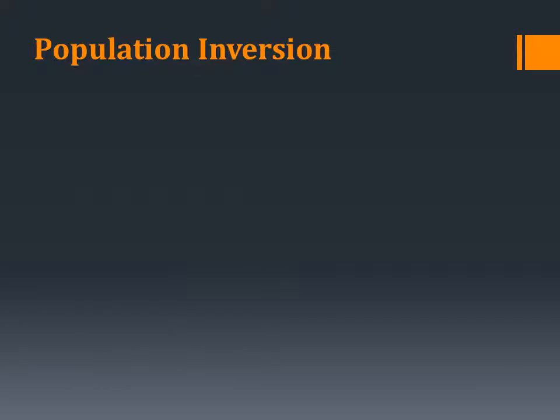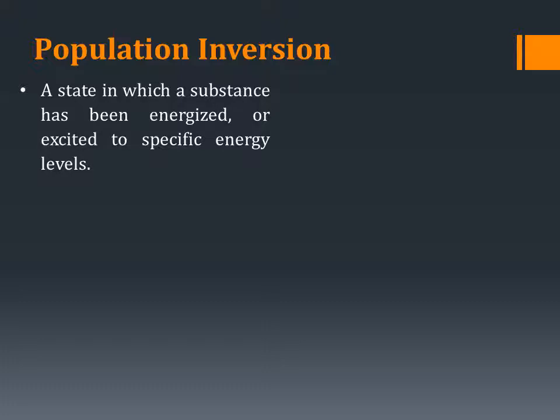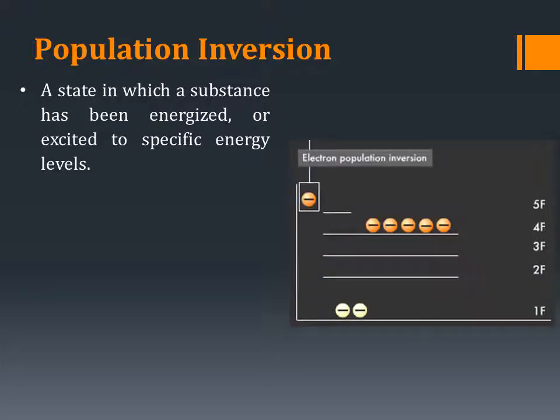Let us look at one of the most essential requirements for laser action to occur. It is population inversion. It occurs in a state in which a substance has been energized or excited to specific energy levels.